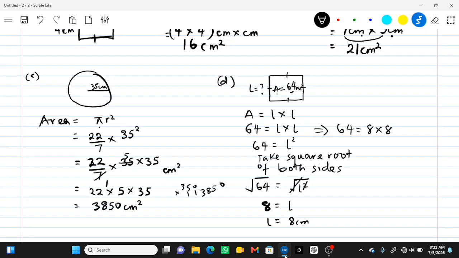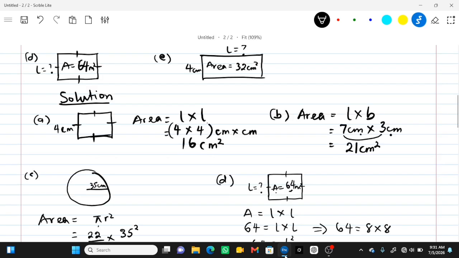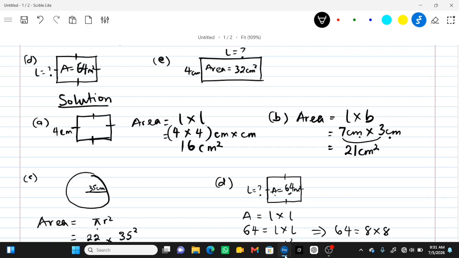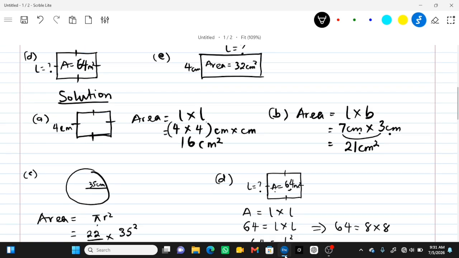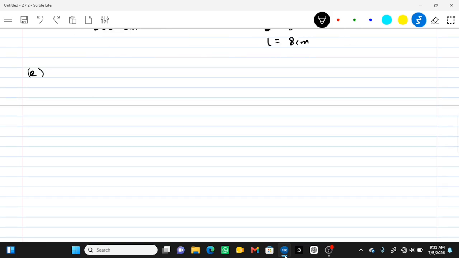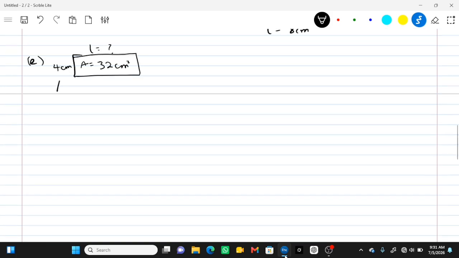We have 32, and then area is 32 centimeters squared. The length is unknown, and the breadth is given. We know that area is equal to length times breadth.